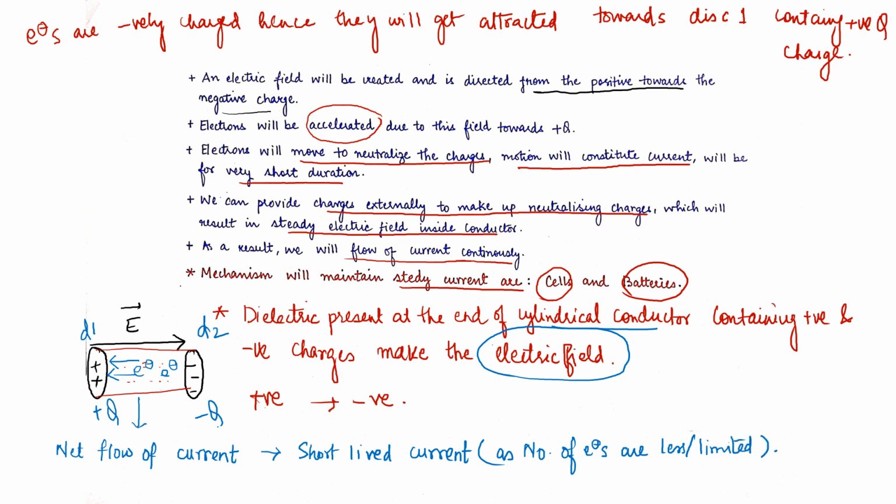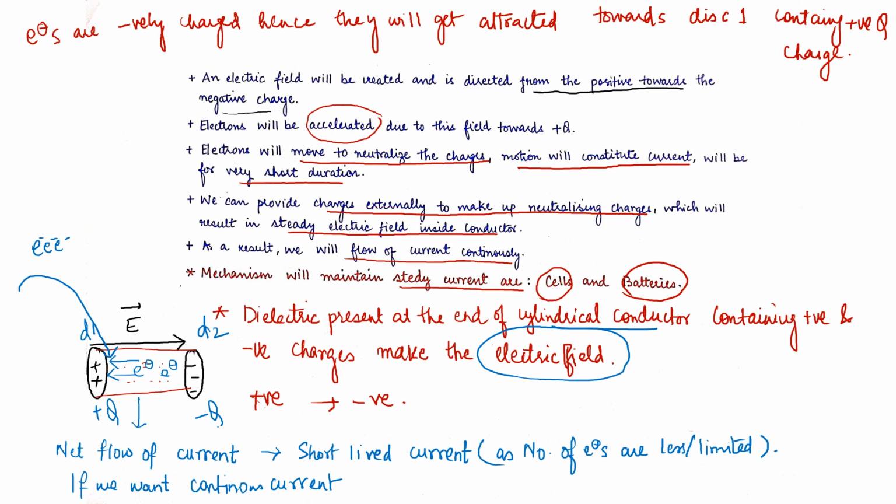So in case we want this current to keep on coming continuously, we can add the electrons from the outside.